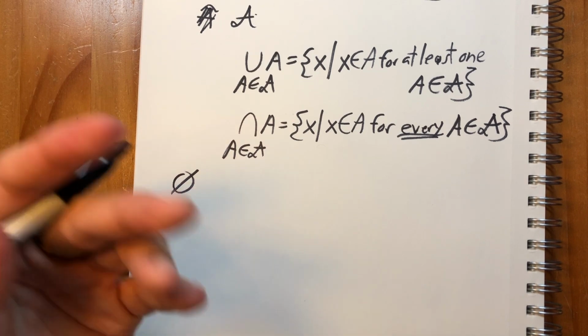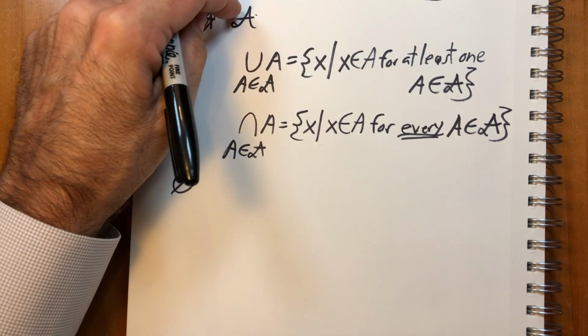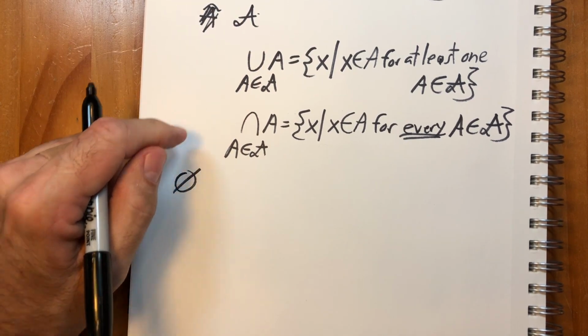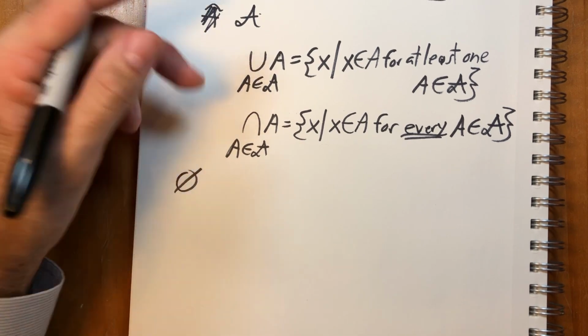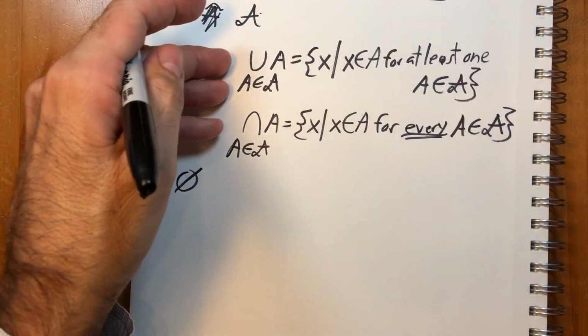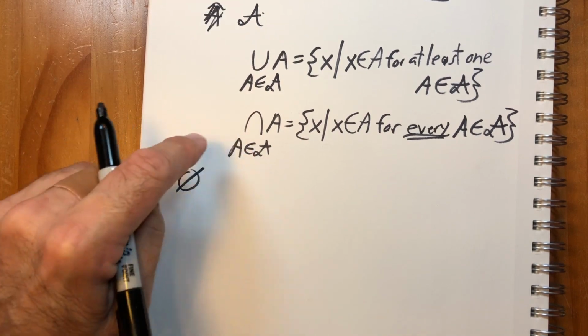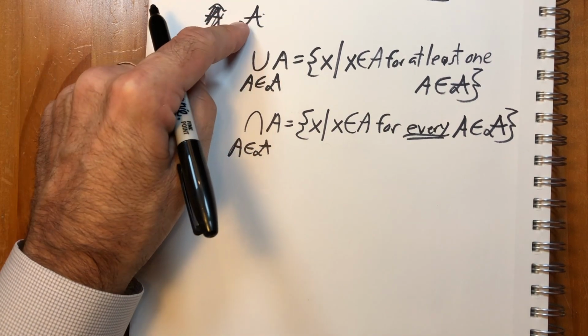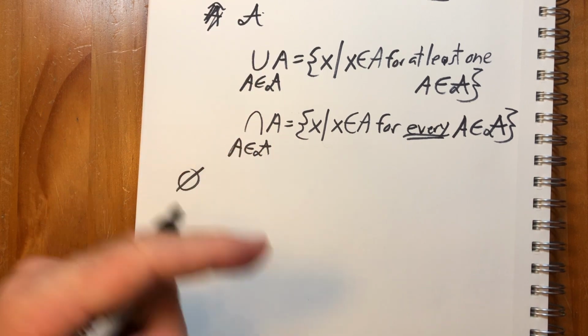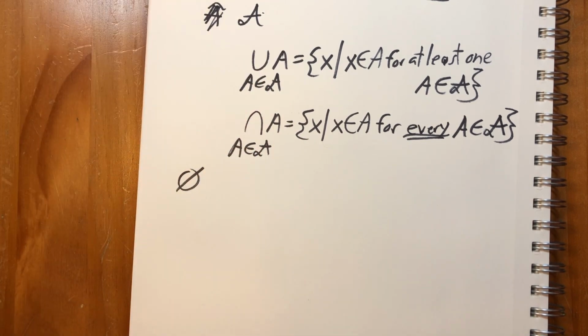That's okay, because if one of these sets is the empty set, that doesn't do anything to the union, because it would still just be all the elements of all the sets inside the collection. And if the empty set is one of the sets in the collection, then the intersection would be the empty set, because there's one of the sets that doesn't have any elements, right?